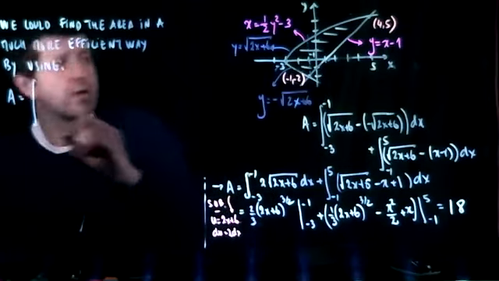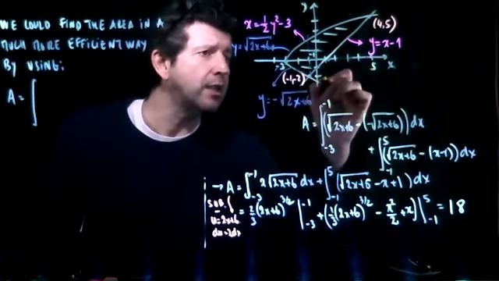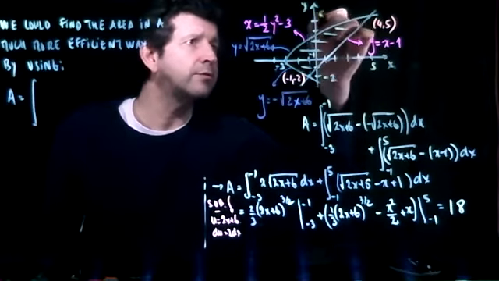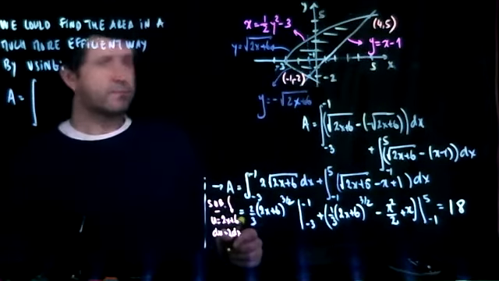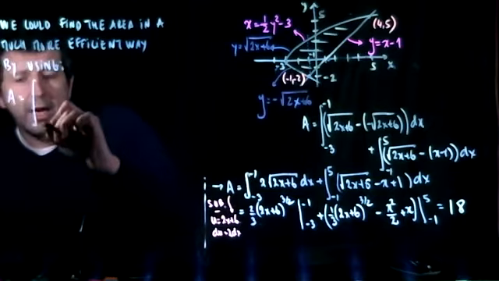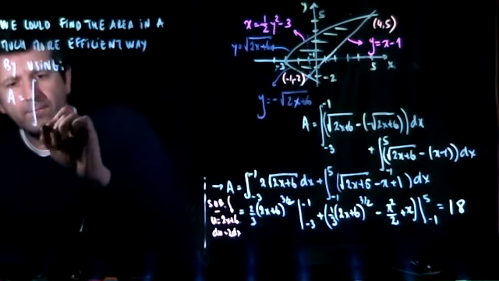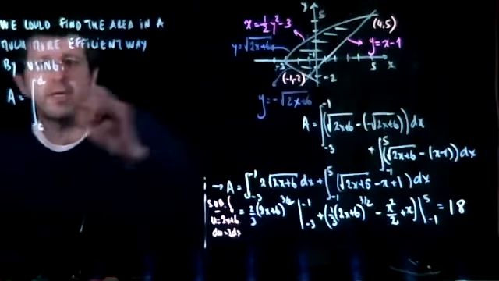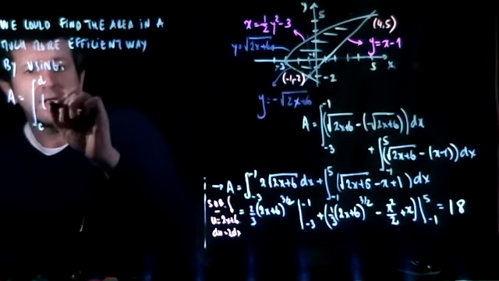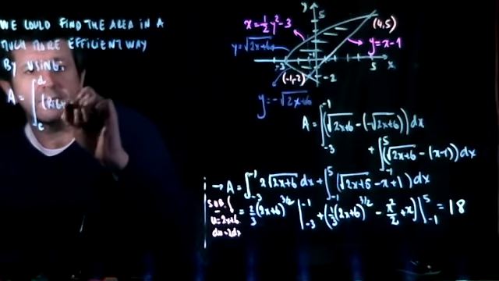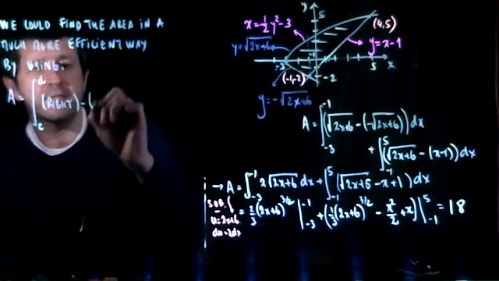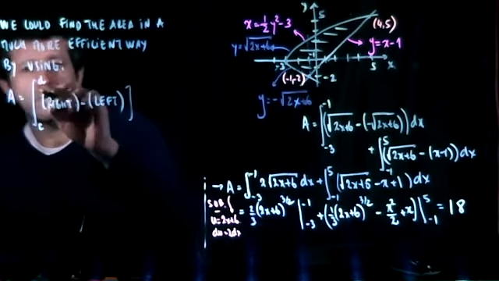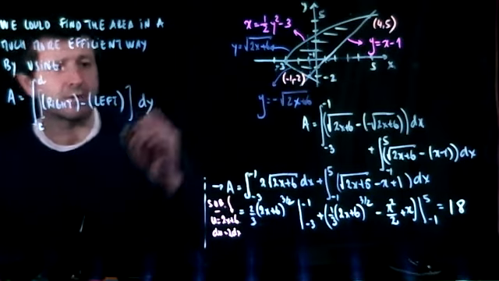Okay, so y in our case is from -2 until 5. In general, from C to D, I will use the right function minus the left function, and I will integrate this with respect to y.